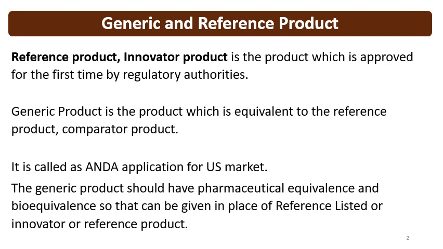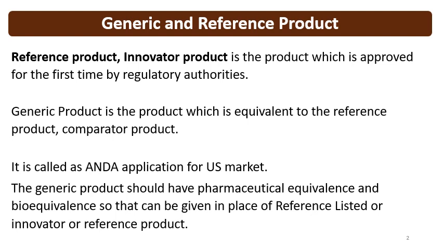The generic product should have pharmaceutical equivalence and bioequivalence, so that it can be given in place of the reference or innovator product, that is, interchanged with the innovator product.